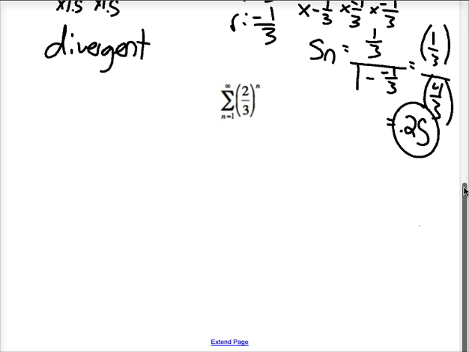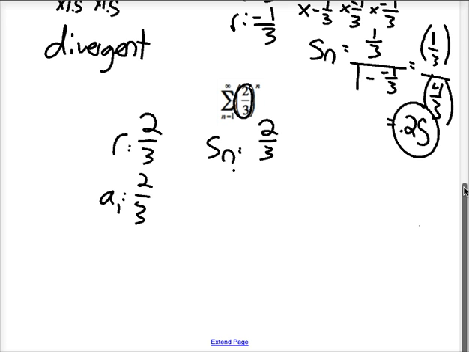Our last example, again, anything that's inside that's influenced by the exponent is the rate. And our first term is actually 2/3 as well. You plug in 1 for n, you get 2/3. So we have R, we have A. Let's plug it into the formula. A1 over 1 minus our rate.